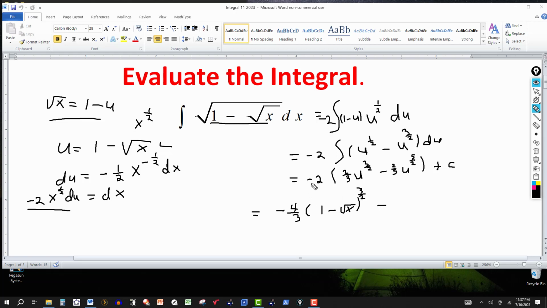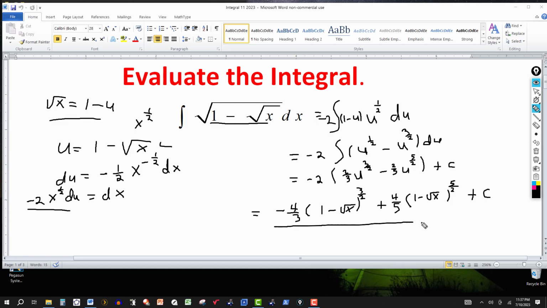Minus 2 times a minus 2/5 will be a plus. Multiply here, 4/5. And then u to the 5/2, replace the u again by 1 minus the square root of x, and the power of this is 5/2, plus the constant of integration.